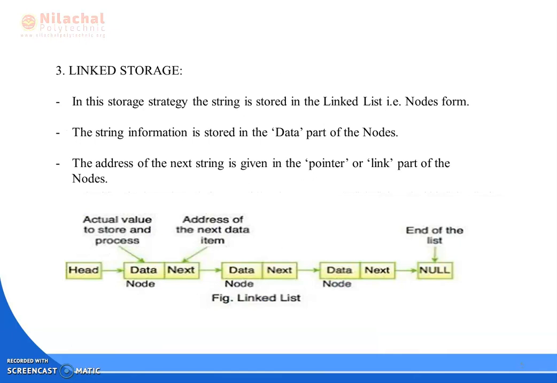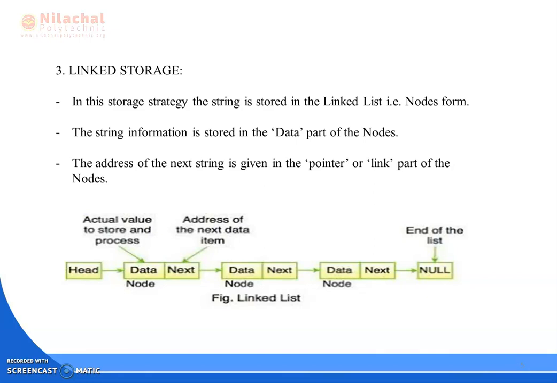The next structure is linked storage or linked list storage. In this storage strategy, the string is stored in a linked list, that is in node form. We have already discussed in our first chapter slide, the introduction part, that in a linked list the data elements are stored in node form. A node is divided into two parts, one data part and another the pointer part.